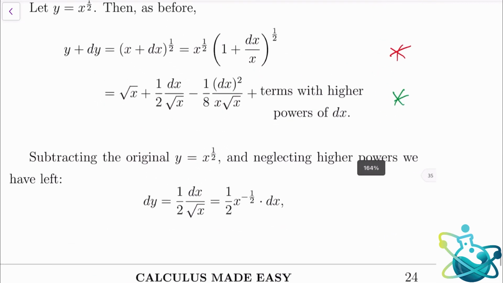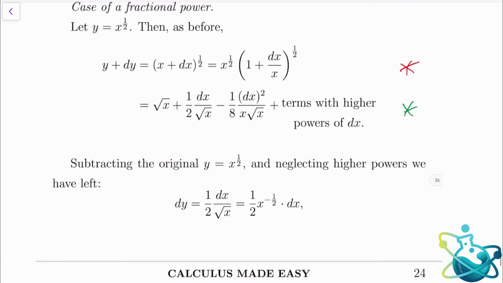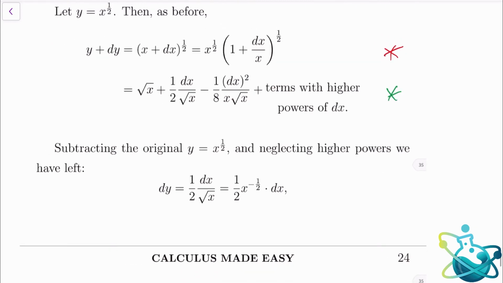Here it is written like this. And plus terms with higher powers of dx, we're not going to use this, so we don't have to write it, guys, because it says here, subtracting the original y equals x to the power half.